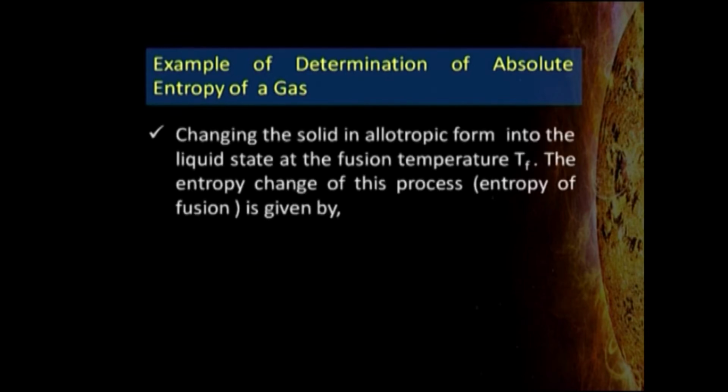The next step will involve the changing of the solid in the allotropic form beta into the liquid state at the fusion temperature Tf. The entropy change of this process is given by delta S5, which will be equal to delta Hf divided by Tf.